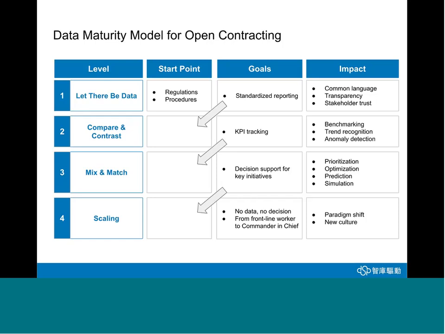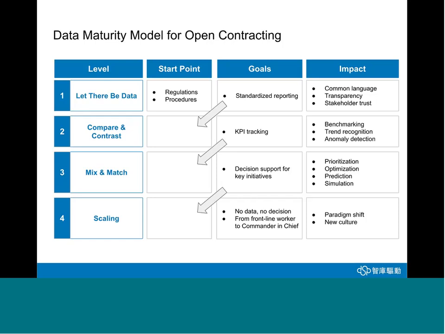With KPI tracking and compare and contrast, we can benchmark the performance of each supplier or even buyer. If we have more data, we can do trend recognition or even anomaly detection, which we call red flags in contracting detection.